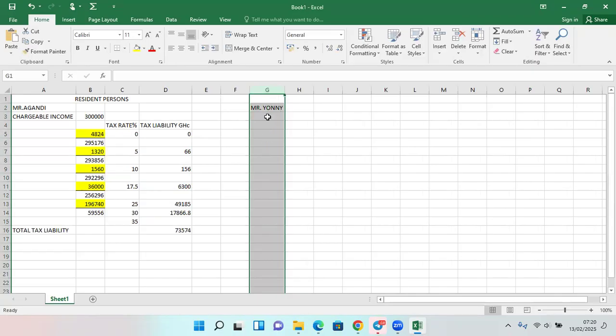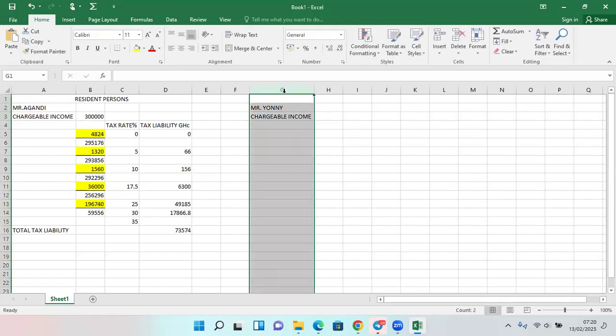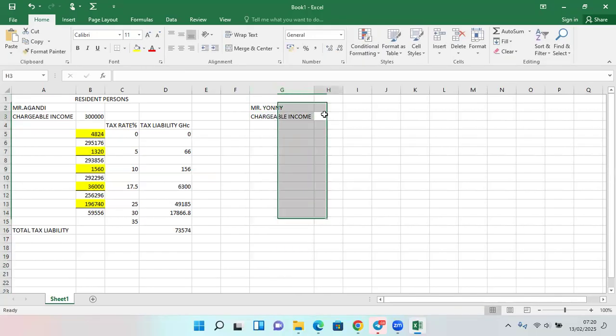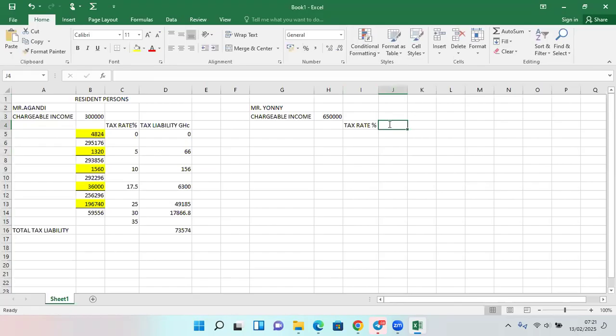All right. This chargeable income 650,000. Tax rate in terms of percentage, tax liability.